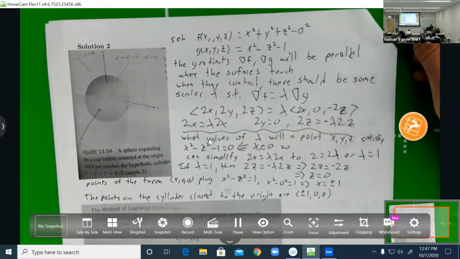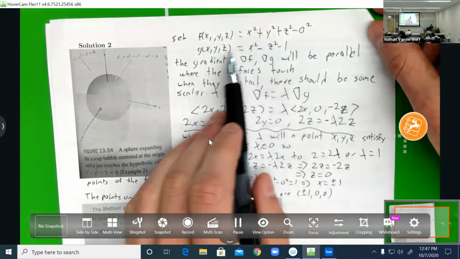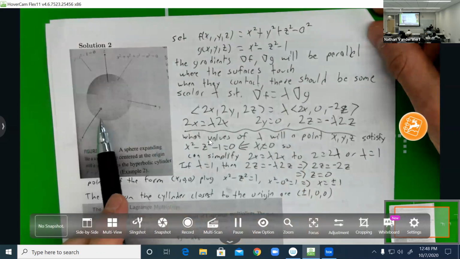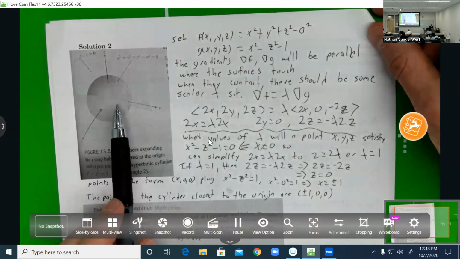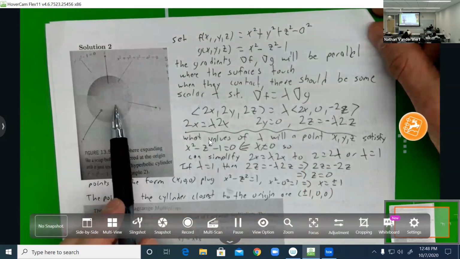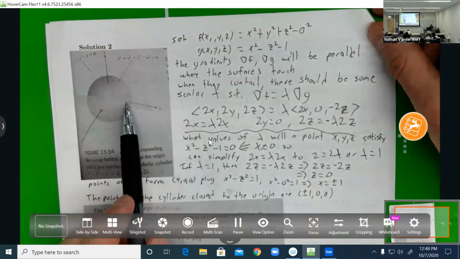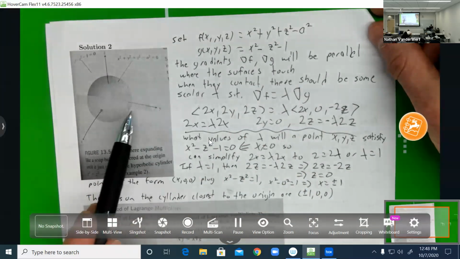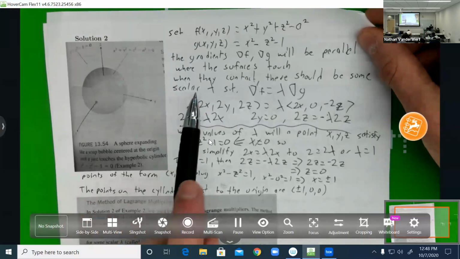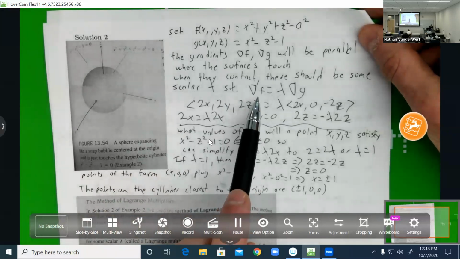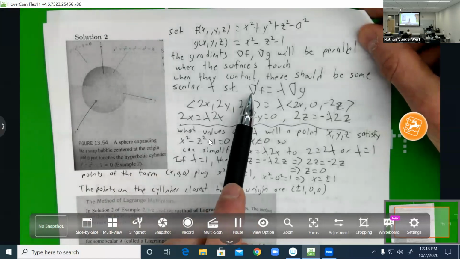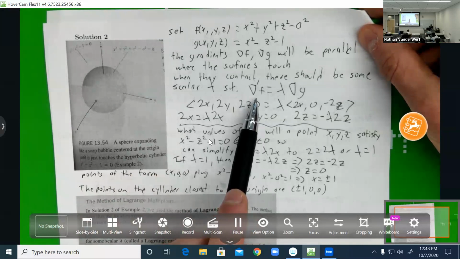We noted that if we rewrote this f of x, y, z like this, and this gradient like this, then this minimum distance is going to happen at the place where this sphere, at some radius a, intersects these hyperbolic cylinders, these wavy things, and when they do touch, the tangent planes should be exactly the same, which means that the normal vectors for these tangent planes should be scalar multiples of each other, which means that the gradients at these points should be scalar multiples of each other.